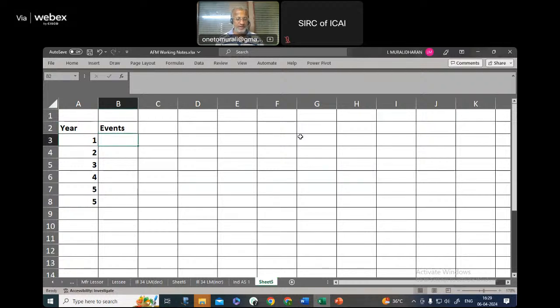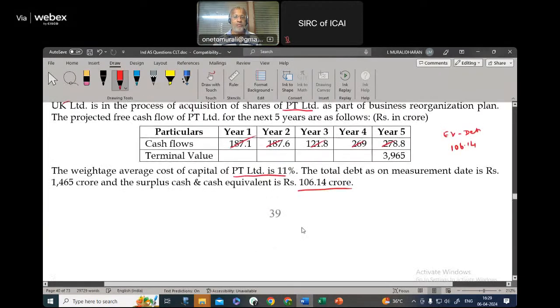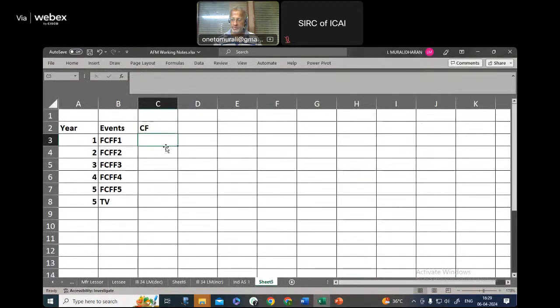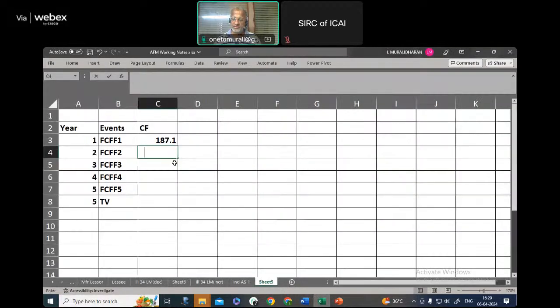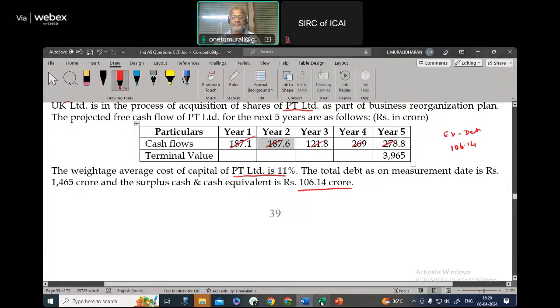Events are free cash flow of the firm, number 1 up to 5, then terminal value. Cash flows are 187.1, 187.6, 121.6.8, sorry.